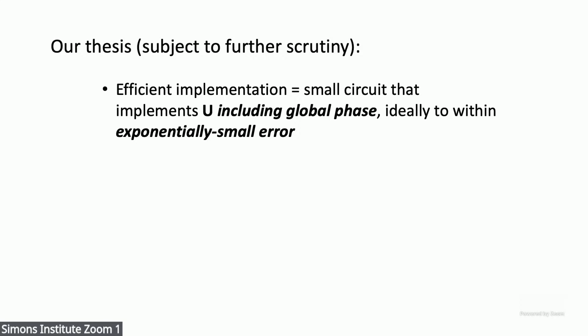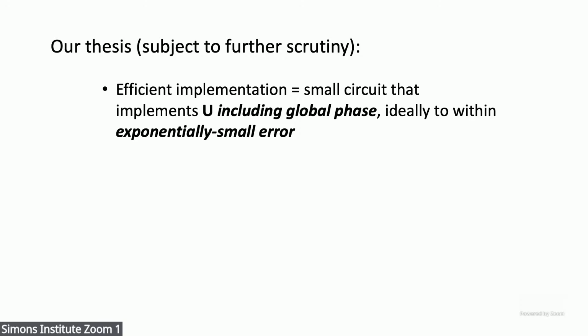So one is that efficient implementation should mean a small circuit. That part's obvious. That implements U, including the global phase. Normally we ignore global phase, and my stance, at least for the purposes of this talk, is that you shouldn't. You should at least pay attention to it when you're implementing a unitary. We'll discuss this more later.